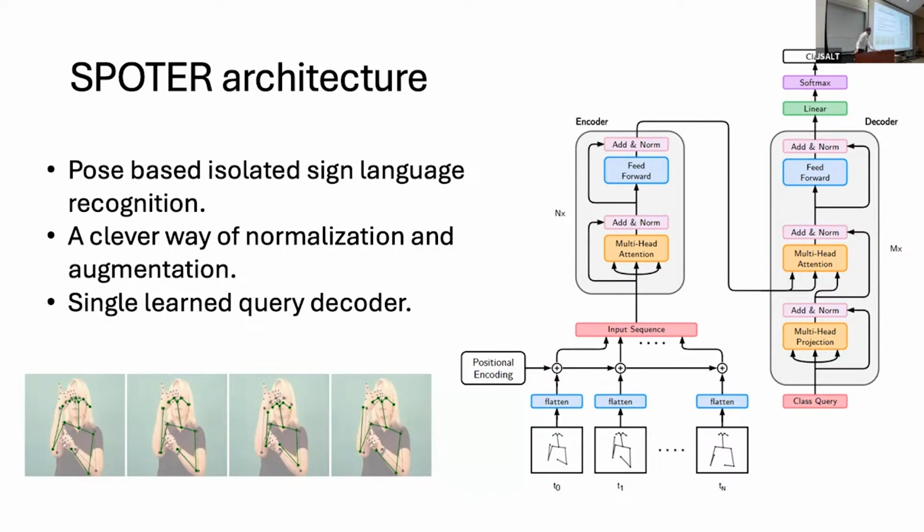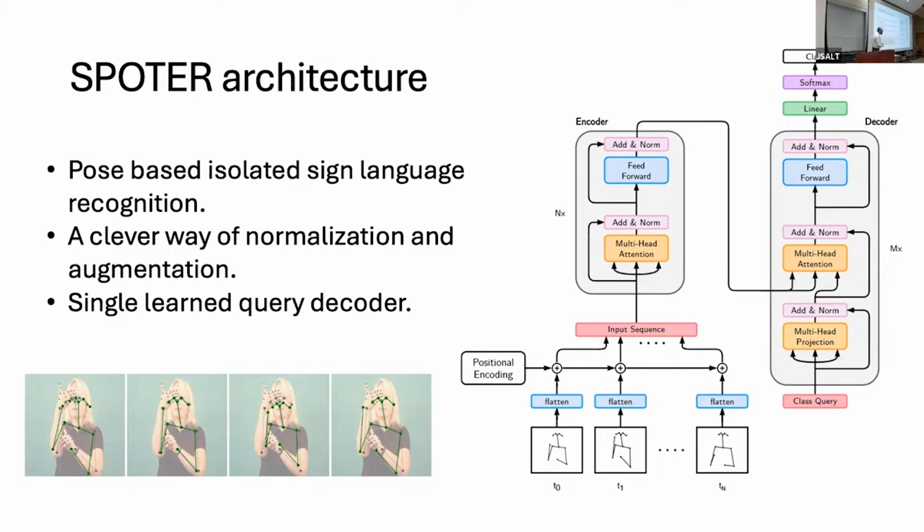And there is also a clever way of how to interpret the pose. So this is pose-based recognition. Back then, it was state-of-the-art in pose-based recognition. But of course, we were much, much worse than appearance-based recognition, when you have the pixels, because the pixels bring more information, as we have discussed before. But when you have the pose, you can do really cool and cheap augmentations, so you can have much more data.